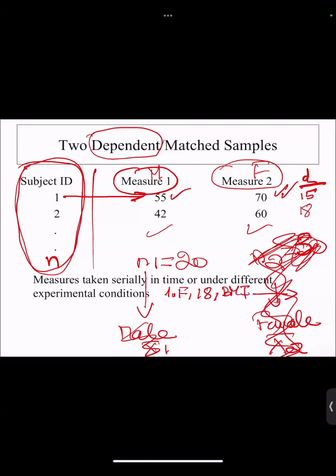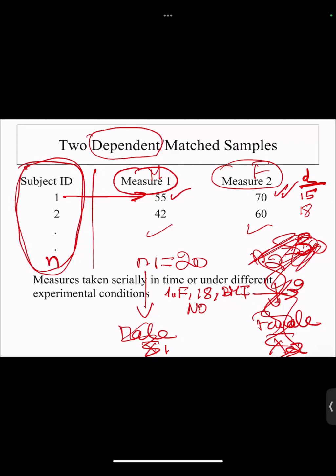Nisreen, do you exercise? No. Okay, I wanted something that's continuous, but nevertheless, let's say the outcome is exercise, yes or no. Then I want to compare exercise versus no exercise.